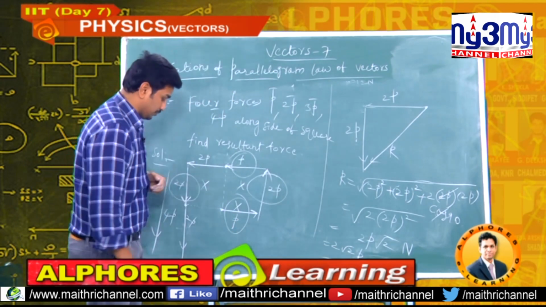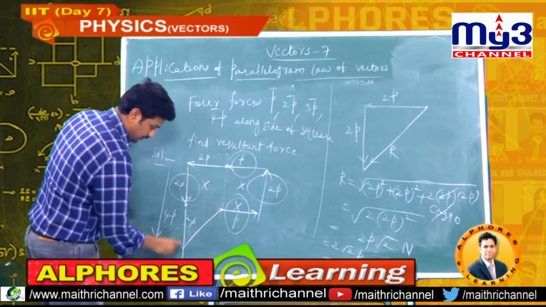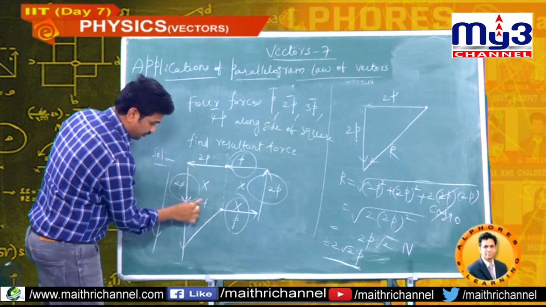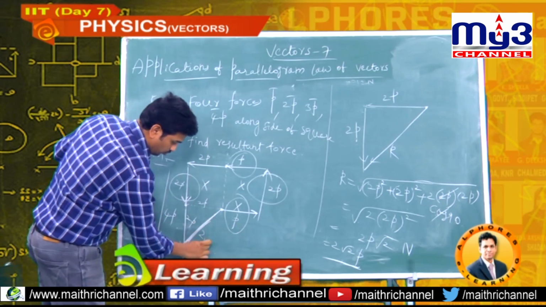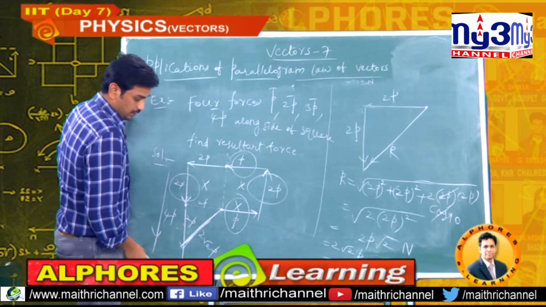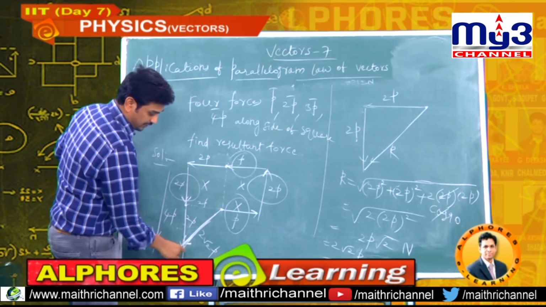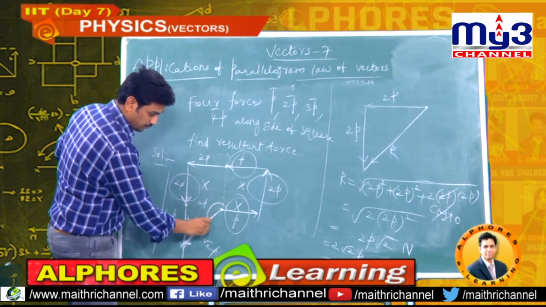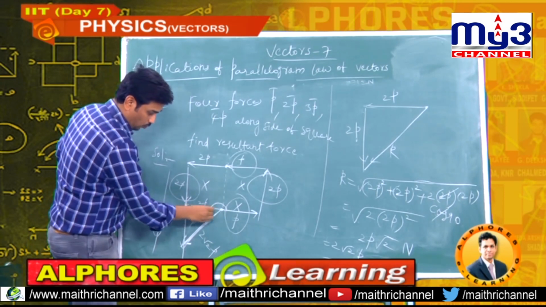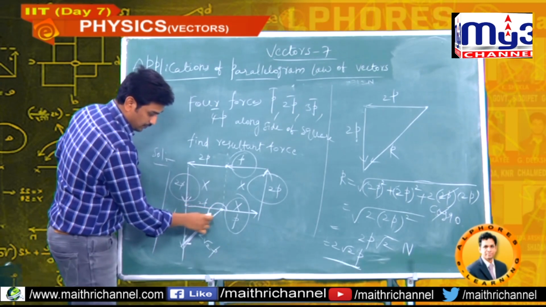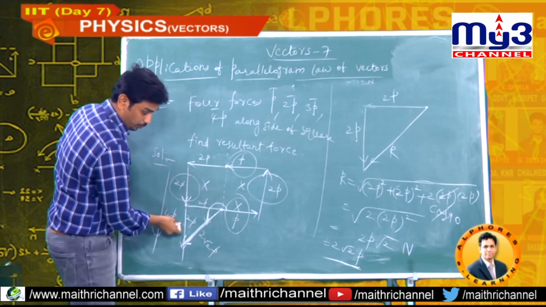Now one more. See here, this is the resultant, this is the 2P, parallel shifting 2P, and this is the resultant. 2 root 2 P is the answer. Now can we find the direction of this resultant with the x axis? Now this is 180. What about this angle? This is 2P, this is 2P.